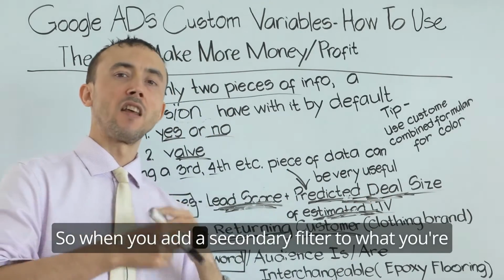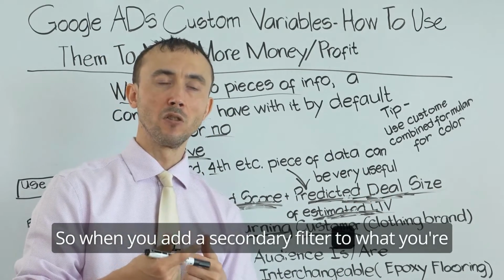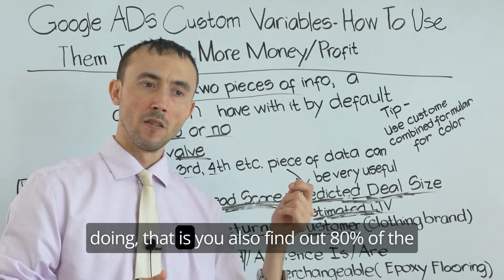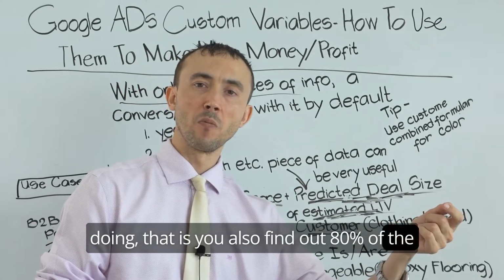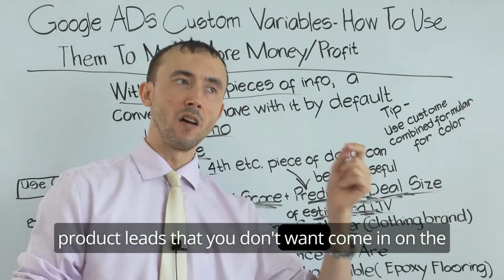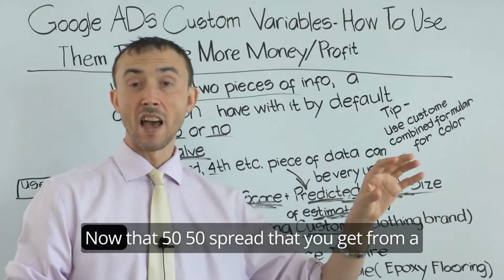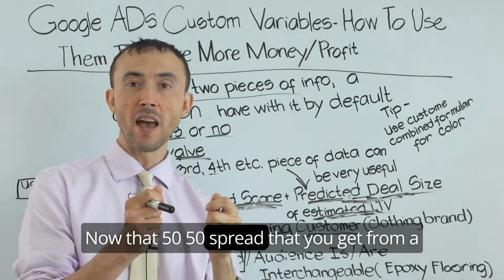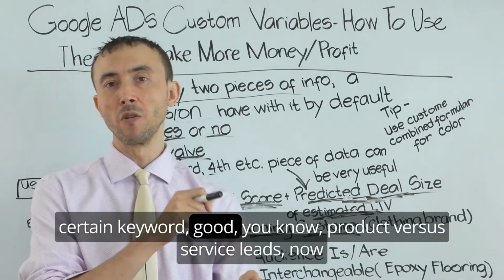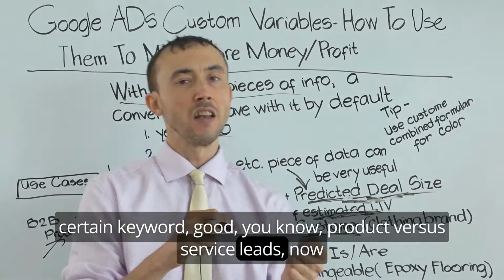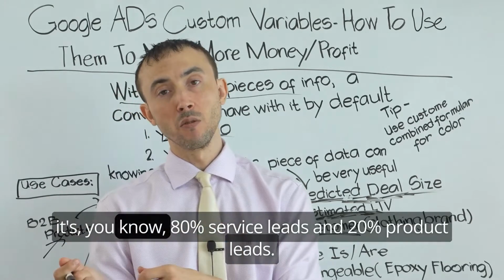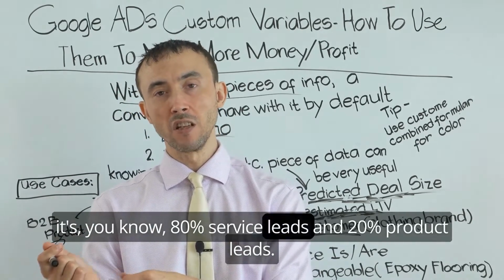So when you add a secondary filter to what you're doing, that is, you also find out 80% of the product leads that you don't want come in on the weekends, and you shut off weekends. Now that 50-50 spread that you get from a certain keyword, good product versus service leads, is now 80% service leads and 20% product leads.